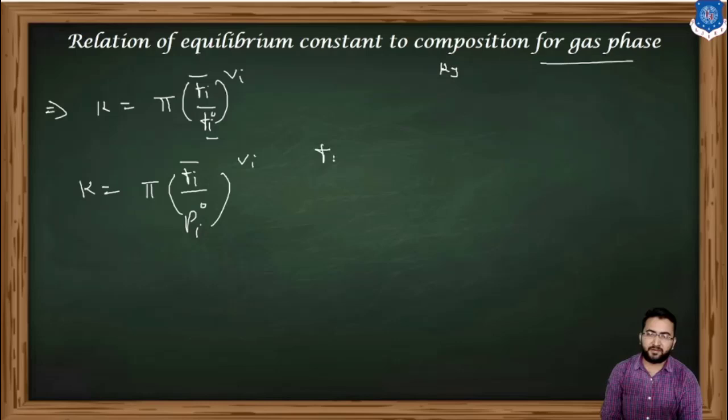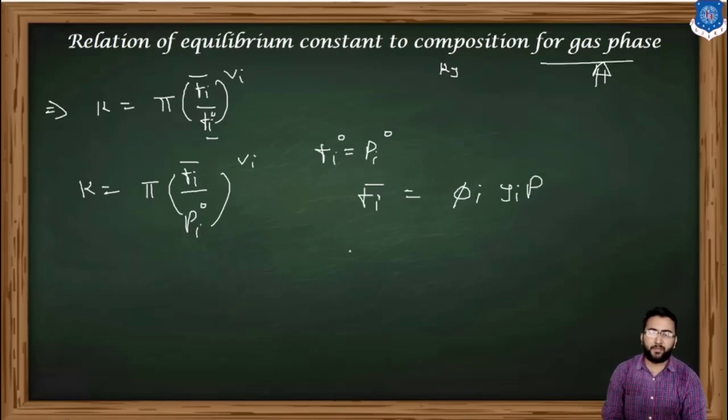So we can replace fi naught with Pi naught at standard state. Now suppose this is for a gas phase reaction. For a gas phase reaction, the fugacity in a solution is given by phi i yi P. So we are just replacing the value of fi bar.